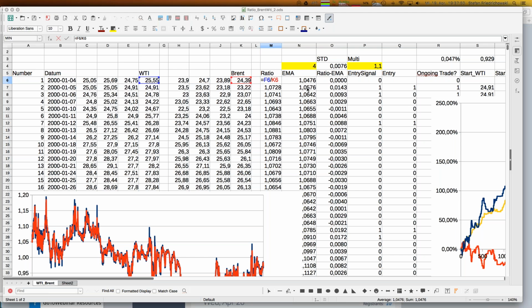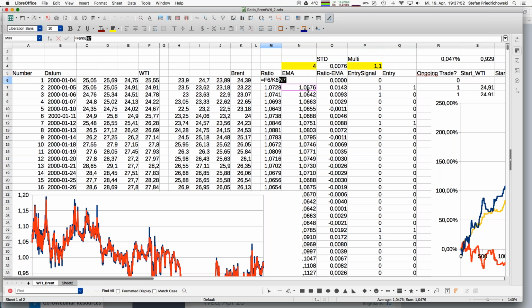The next step is now that we calculate an EMA on that ratio. That EMA is this simple formula. You can find it on the web or within my Excel sheet here, where we can change the EMA period and automatically change the EMA values simply by typing a different EMA period in that yellow box.